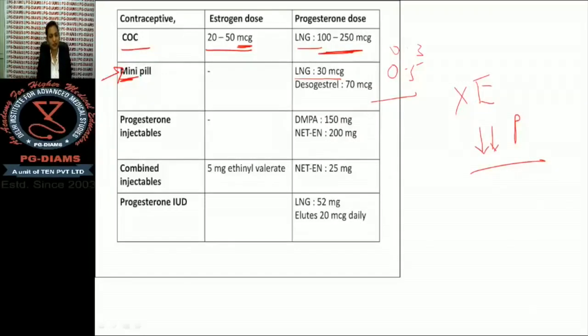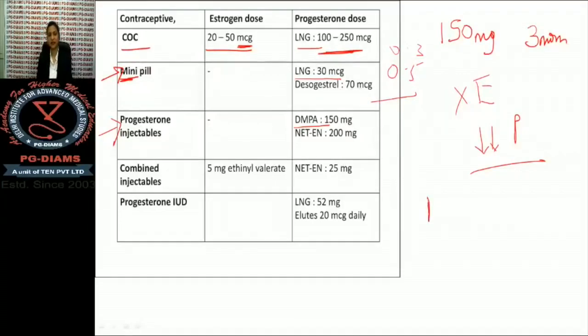Then coming to progesterone injectables. An example is depot medroxyprogesterone acetate, which is 150 mg and it is repeated every 3 months. Now suppose you have this 150 milligram dose for 3 months.